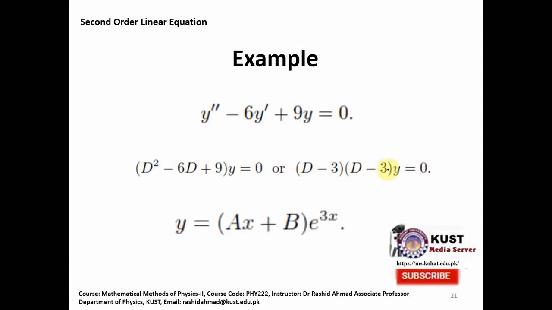So what next? We know the solution for this is (Ax + B)e^(3x), since the root is a = 3, and this way we got the most general solution with two undetermined constants A and B.